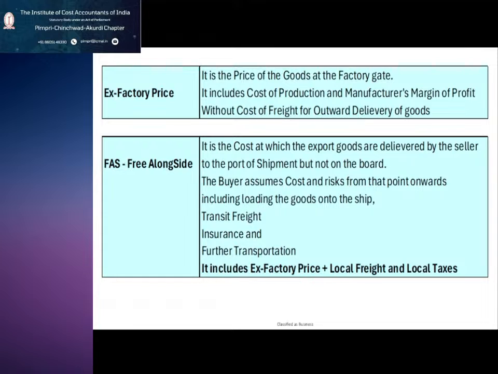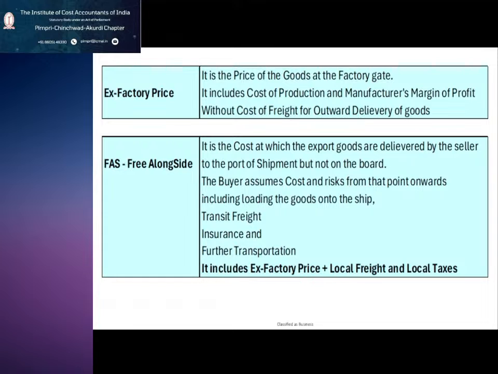At what cost is it currently? It is the cost of production plus the manufacturer's margin, my margin plus my cost of production. That we call the ex-factory price. So ex-factory price is how much money I incurred to manufacture that particular product plus my profit.